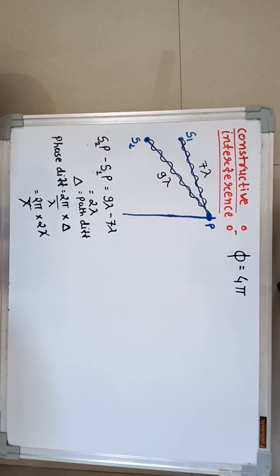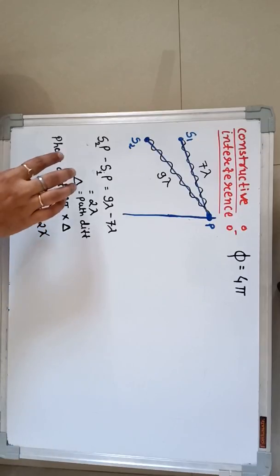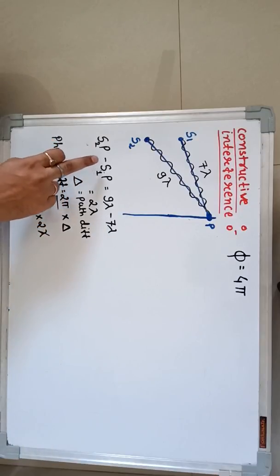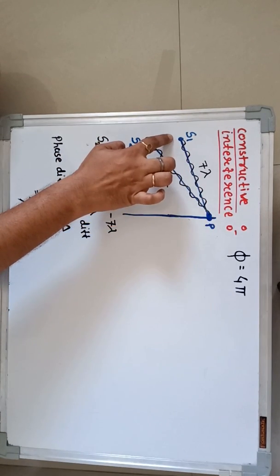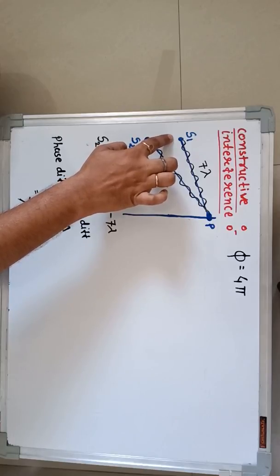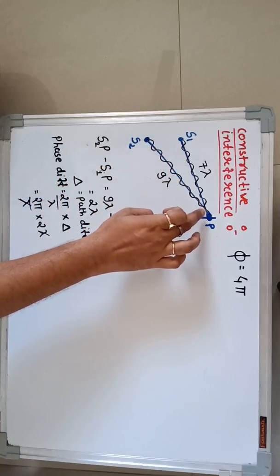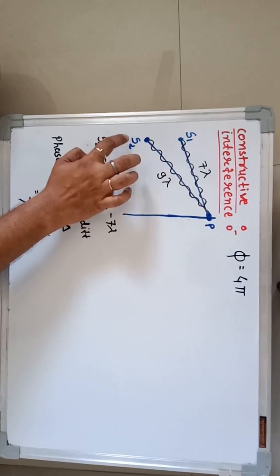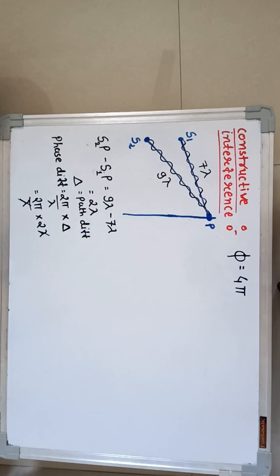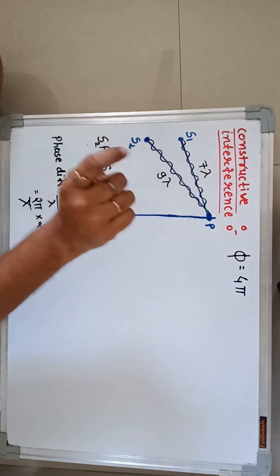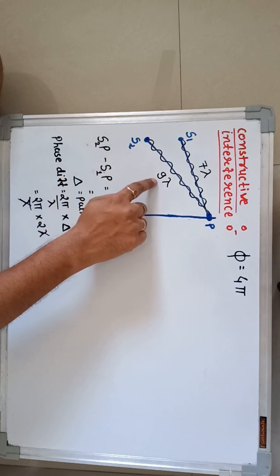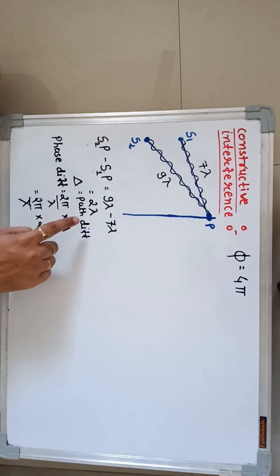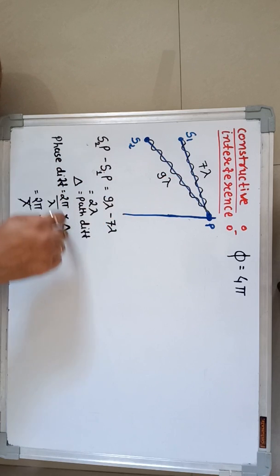What is the meaning of the path difference and phase difference of S2P and S1P? We can say the wave emanating from S1 will arrive exactly 2 cycles earlier than the wave from S2. What I mean is that the waves from S1 reach 2 cycles earlier than the waves from S2, and we can decide that from this.